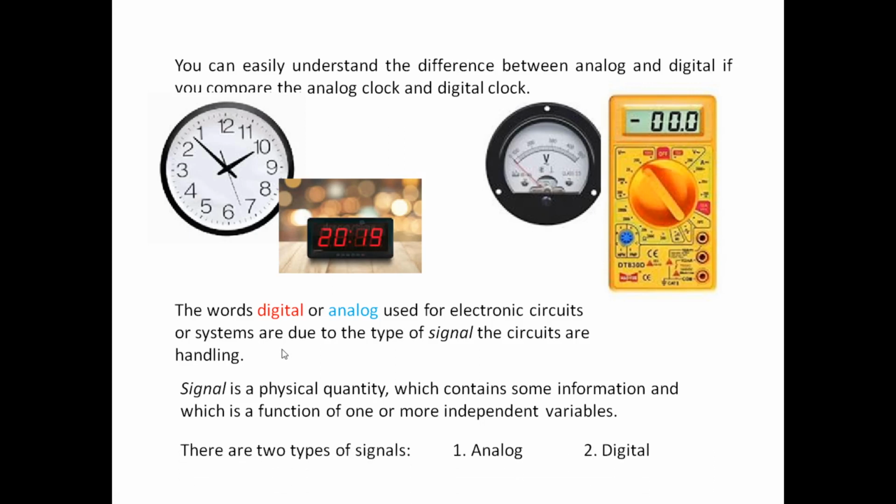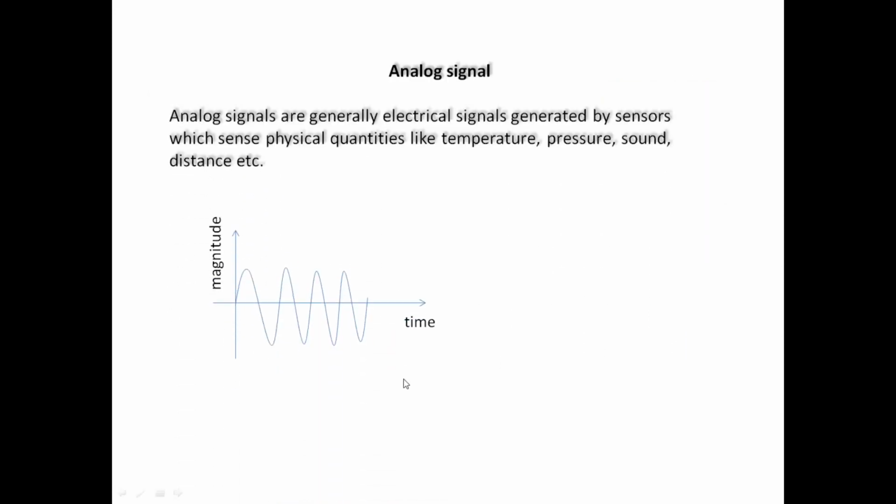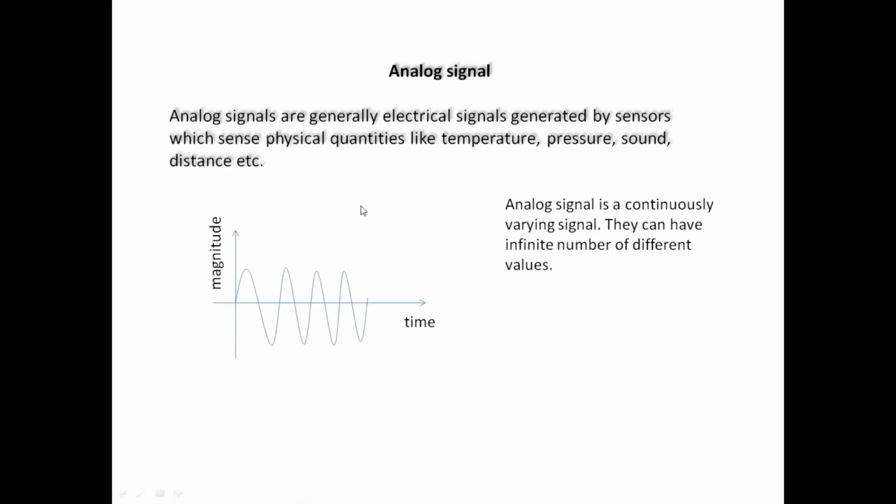There are two types of signals: analog signals and digital signals. An analog signal is a continuously varying signal. It is generally a signal generated by sensors which sense physical quantities like temperature, pressure, sound, distance.